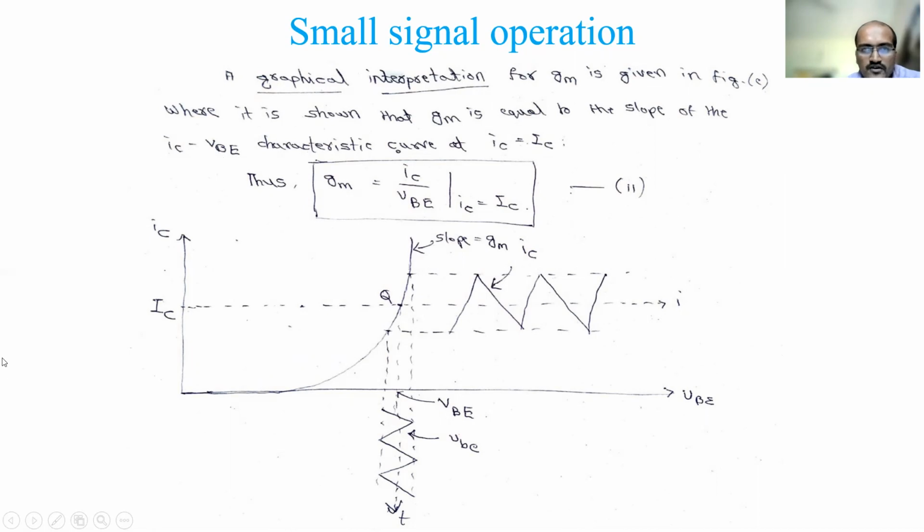If you draw the input characteristics of the transistor, it looks like this. This is the value of VBE, approximately 0.7, because it is like a PN junction diode, the base emitter junction is forward biased, and at 0.7 it shows the same as diode characteristics.